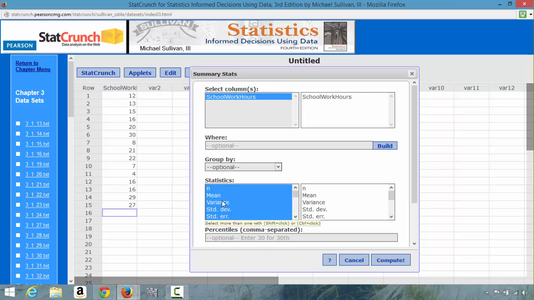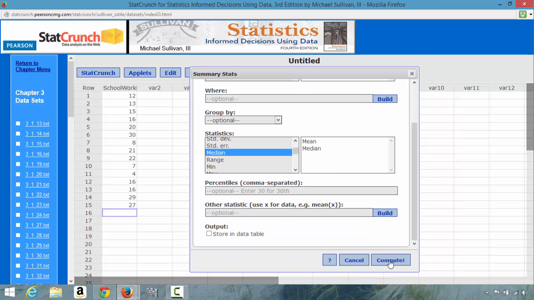And we only need mean and median. So we click mean. It says select more than one with shift plus click or control plus click. I use my control and then I look for median and select it. And then I just hit compute.